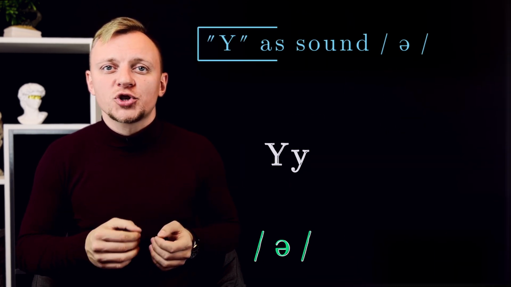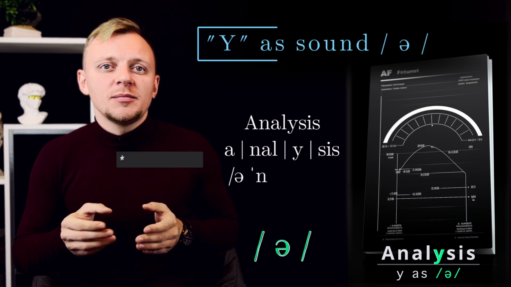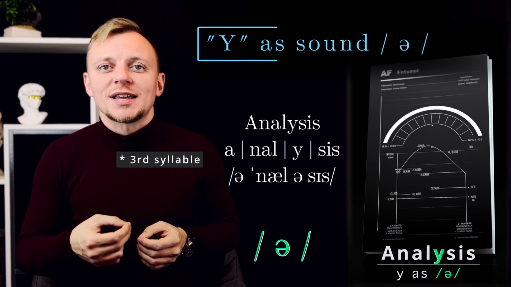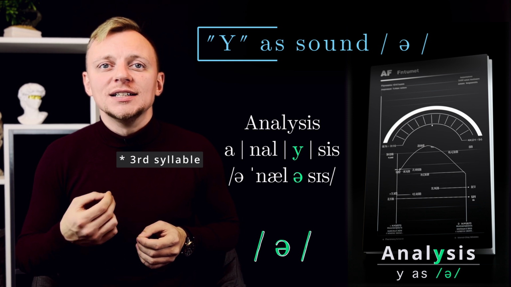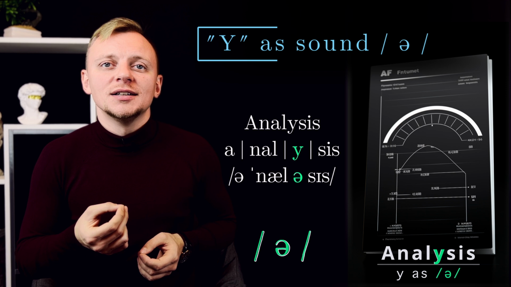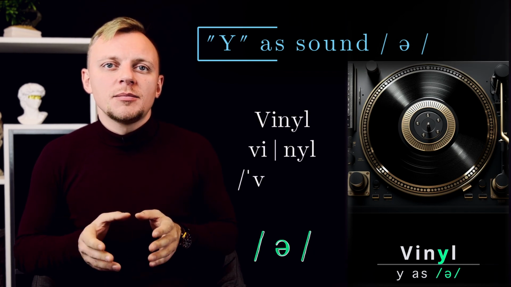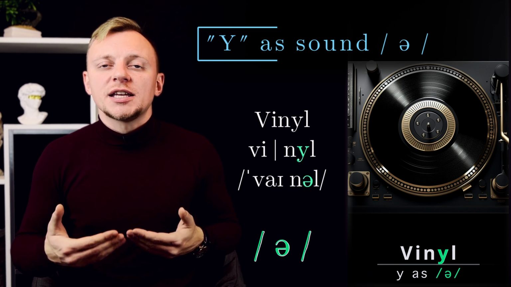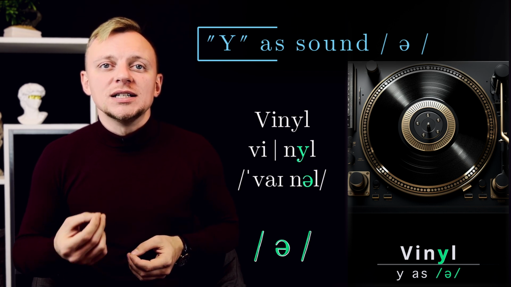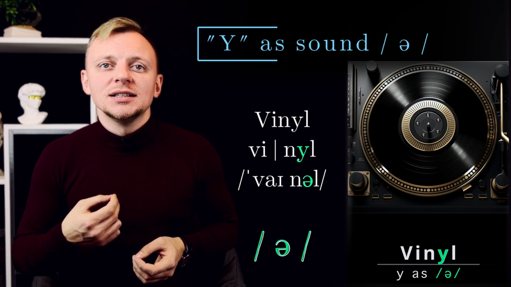Y as schwa, analysis. The second syllable in this word is also unstressed, and that is why Y sounds like uh. Analysis. Vinyl. The second syllable is unstressed here, and that is why Y also sounds like uh. Vinyl.